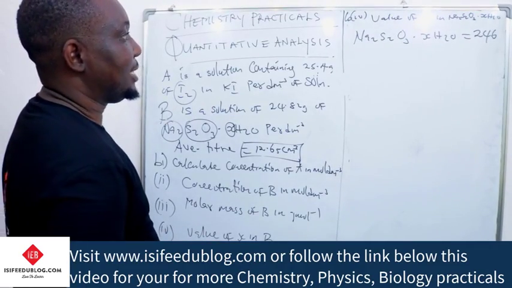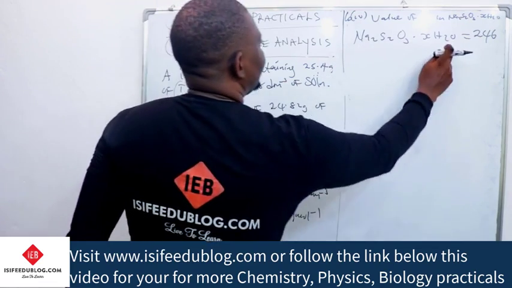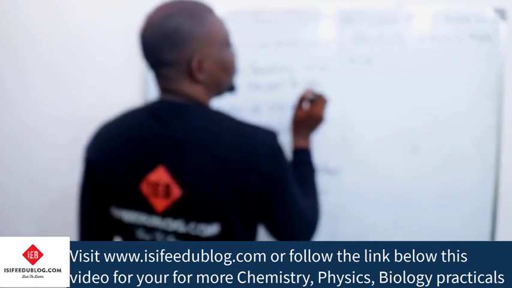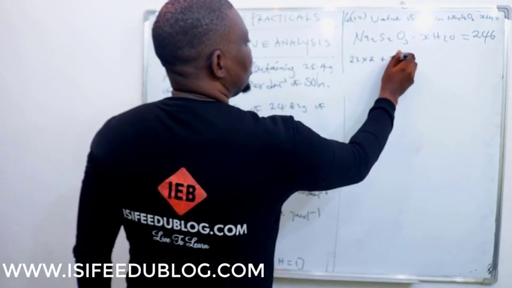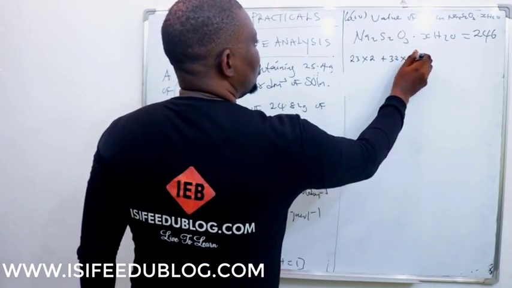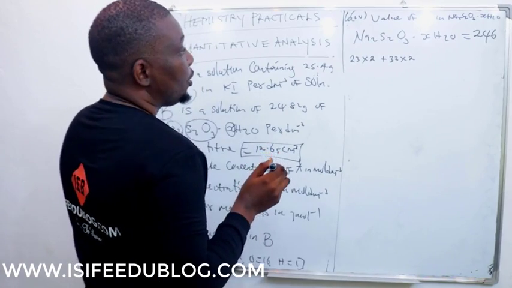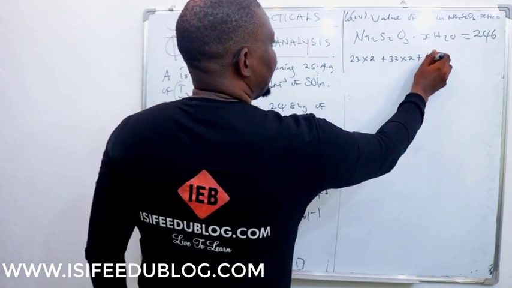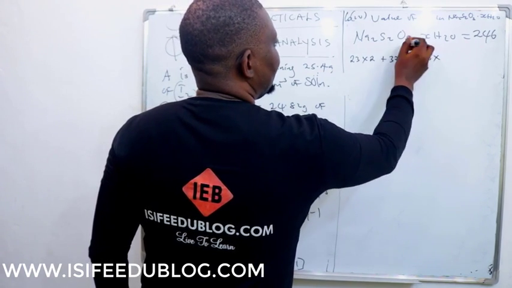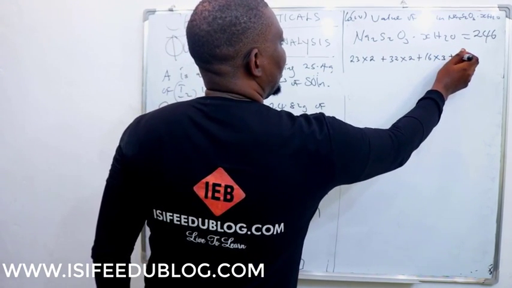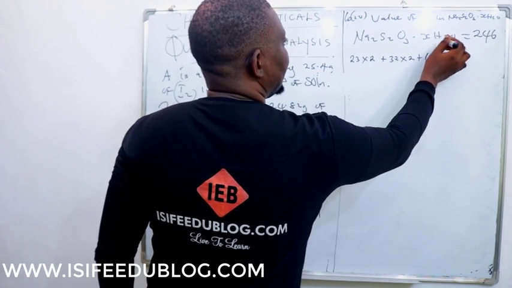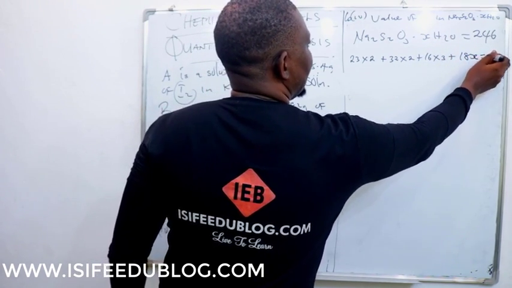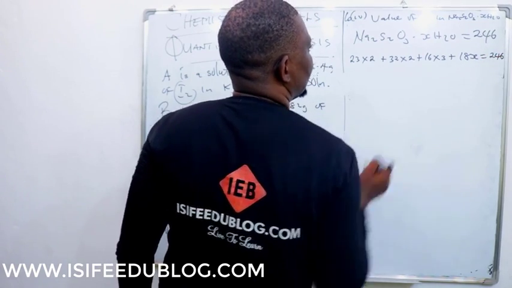Okay, let's get the atomic mass of all the elements here. Sodium is 23 times 2, plus 32 times 2, the mass of sulfur is 32. So how many atoms are here? Plus 16 times 3, plus water, which is 2 plus 16, that is 18x. Everything is equal to 246.